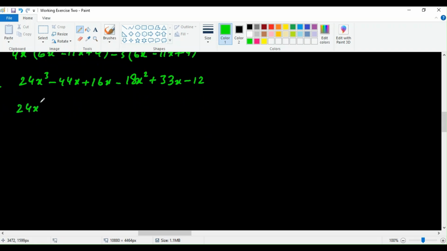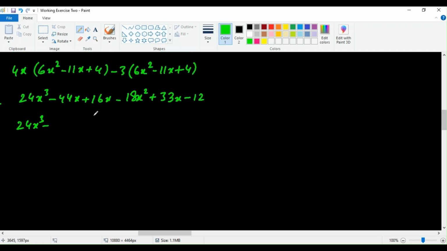So 24x cubed, minus 44x squared, and minus 18x squared. Then comes plus 16x and then plus 33x and minus 12.